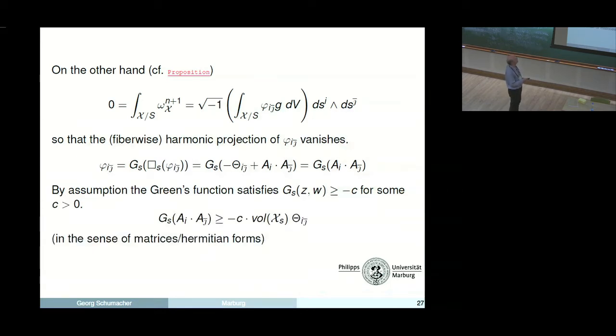So then we can say that the Green's function of the pointwise inner product of the harmonic Kodaira-Spencer forms is bounded by this quantity, namely by theta ij, which is the coefficient of the Weil-Petersson form and the volume. So this follows just by writing down the kernel of the Green's function and the kernel of the Green's operator and the formula.